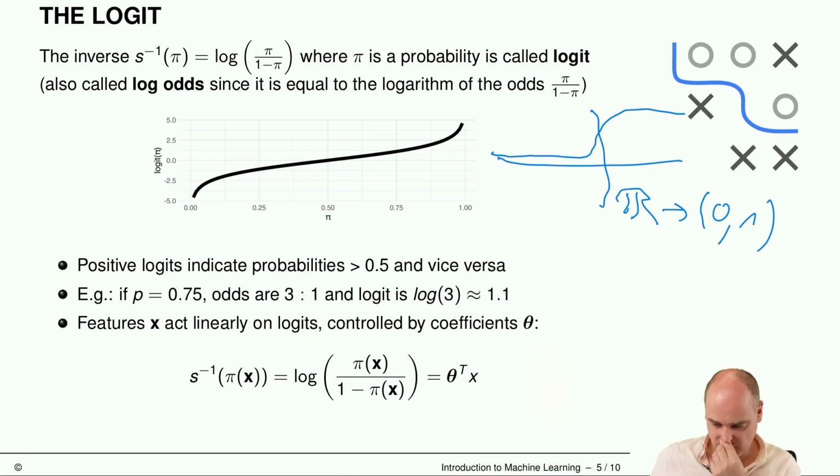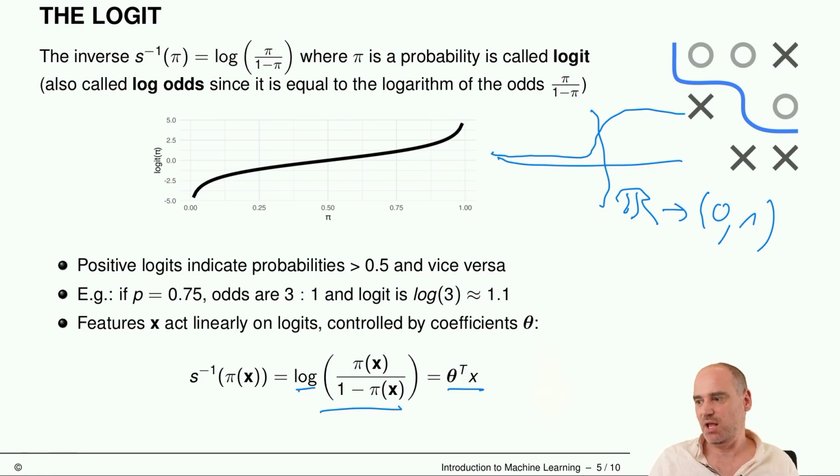This way of looking at things also tells you that your feature vector x now acts linearly on the logits, controlled by our coefficients theta. So if you do S inverse, the logit, on pi of x, that's the log of the odds, but that's exactly the same by construction as theta transpose times x, okay?